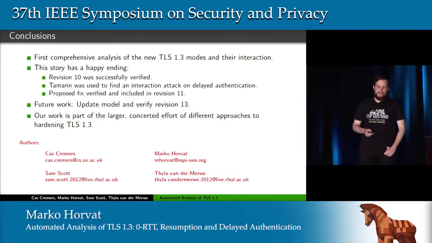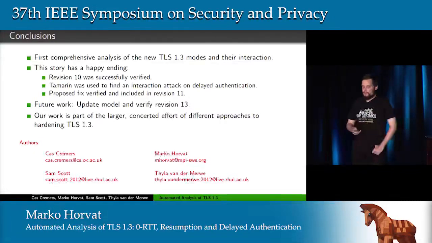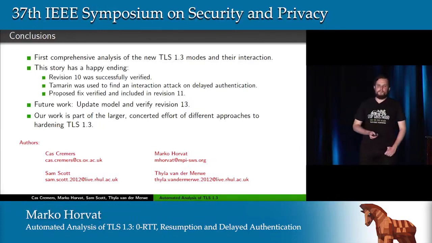And the proposed fix was verified and also included in revision 11. For our future work, we would like to update our model to revision 13, and then verify that, perhaps with respect to a stronger adversary model and with some new properties that we have in mind.